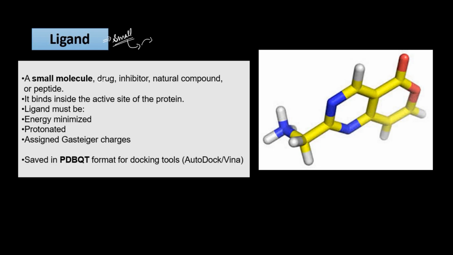Your ligand may be any drug, any inhibitor, any biological compound, maybe a peptide. Okay. And this ligand binds to the active site of the protein and performs its task. Basically, whenever the ligand binds to a receptor like the GPCR receptor, it will start the signaling process.